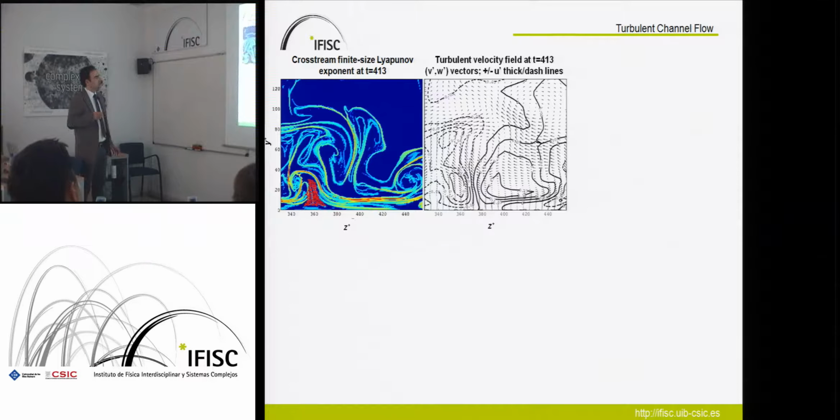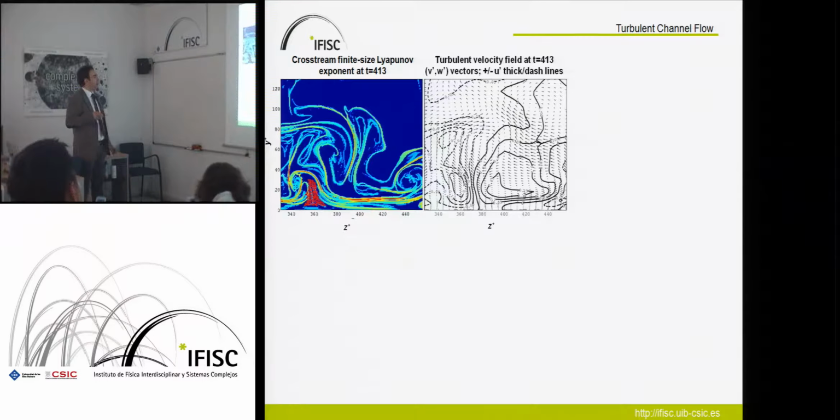We can see that it corresponds to the same position where we have very high straining. I mean, in the sense that we have a vortex rotating in this direction, and then here we have the flow going in the opposite direction, so that along the area where these two touch, we have a large straining.